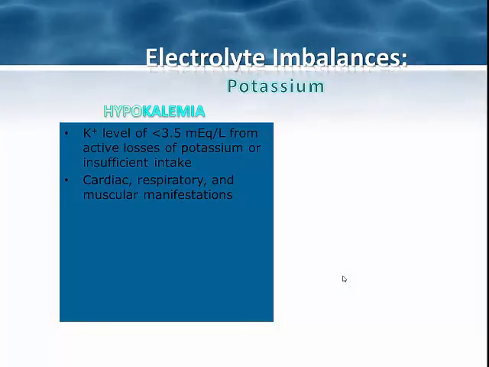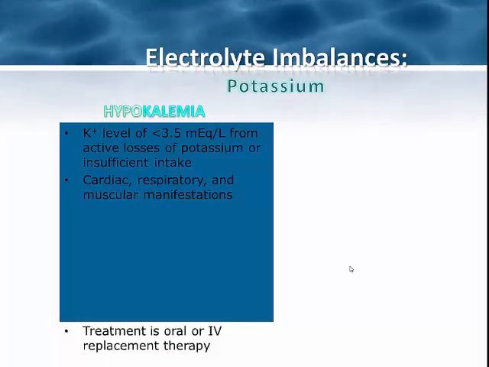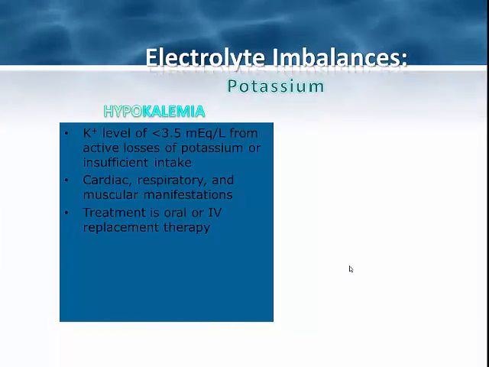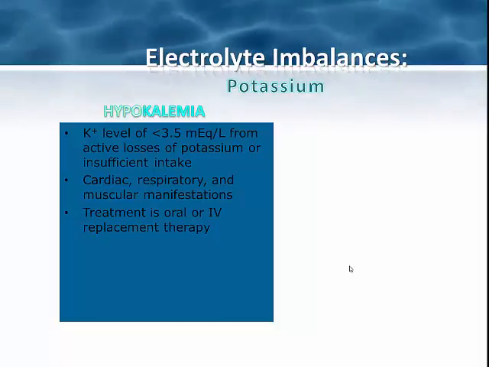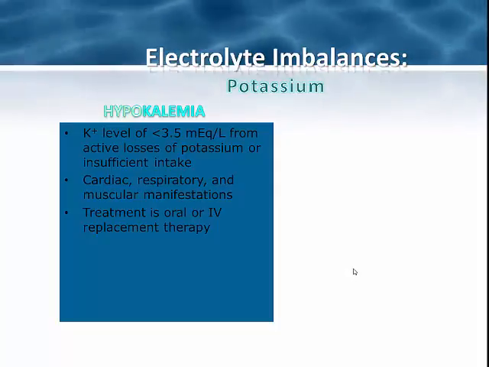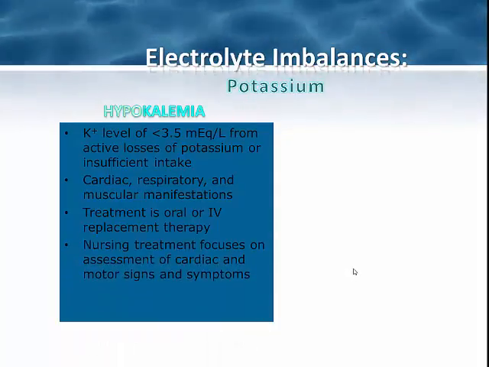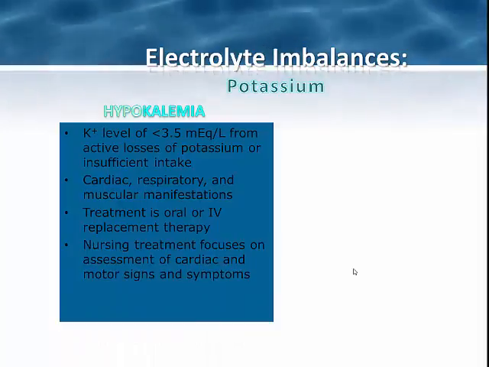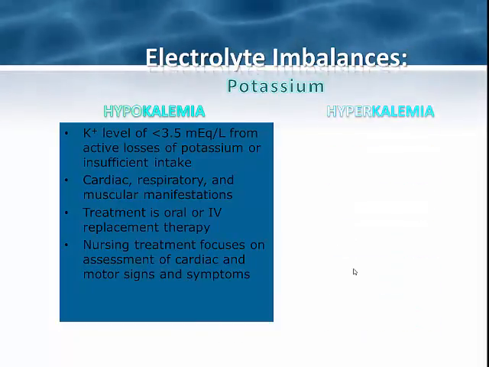It affects cardiac, respiratory, and muscular areas, so those are the manifestations. Treatment is with oral or IV replacement, and remember, IV replacement can never be IV push and should be given if it's being given for that reason in an ICU environment. Nursing treatment should focus on assessment of cardiac and motor signs and symptoms.